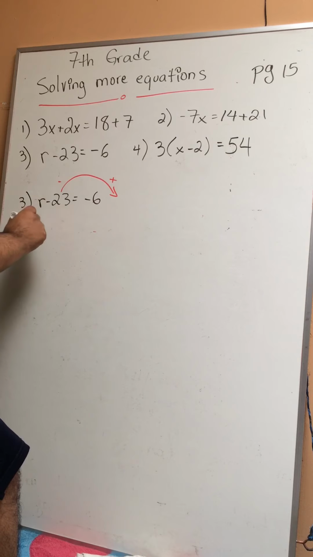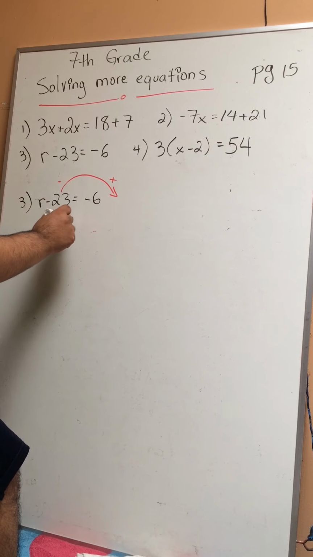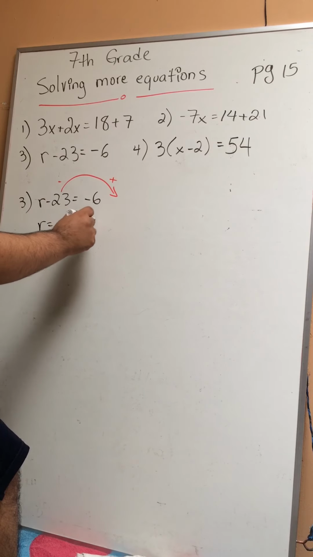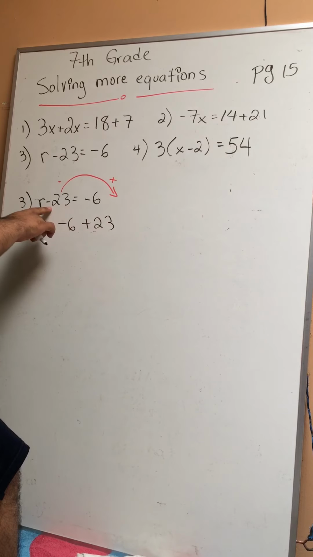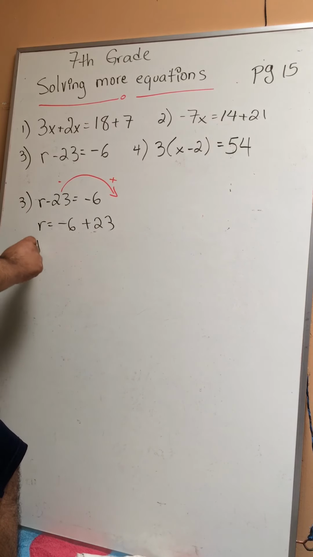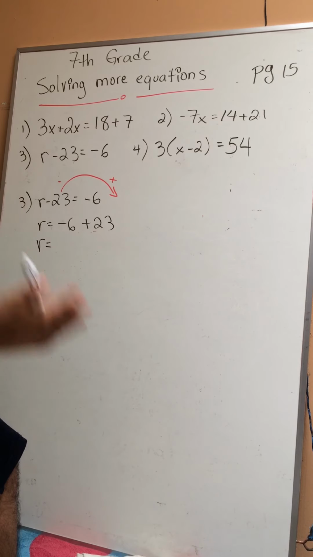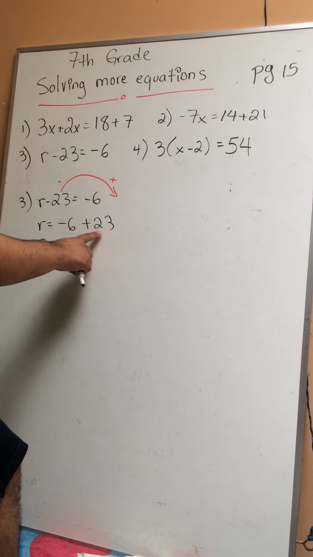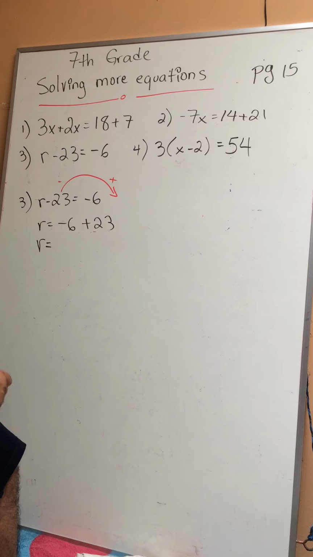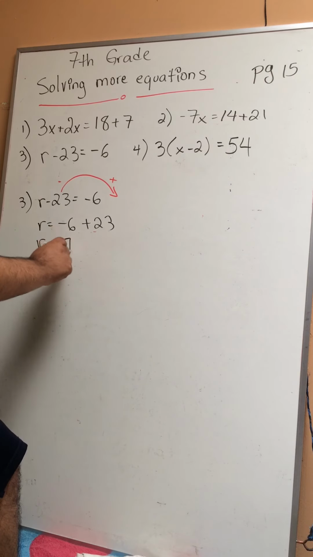So we have r equals minus 6 plus 23, because we have to change the sign. That is the same as 23 minus 6, which is 17.